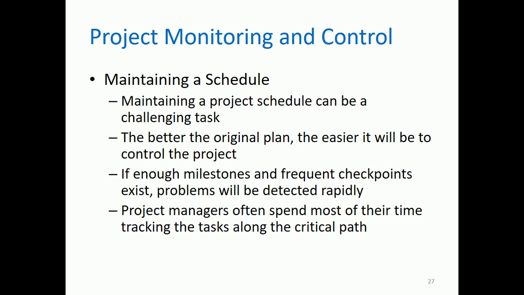Then project managers often spend most of their time tracking the tasks along the critical path, since the critical path is the longest path. So if the time that you spend is greater than the critical path, meaning you are overscheduled, you have to adjust the schedule.